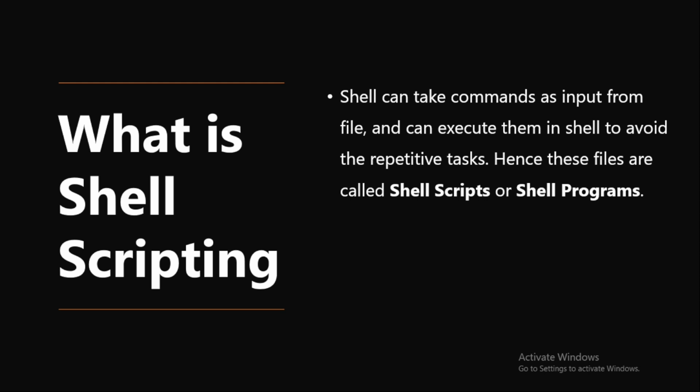Now let us understand what shell scripting is. A shell can take commands as an input from a file and can execute them in the shell to avoid repetitive tasks. Hence, these files are called shell scripts or shell programs. As I said, shell is a program which provides a user interface between a user and an operating system. It can take single line commands or an input from a file, and we can execute them in a shell to avoid repetitive tasks.